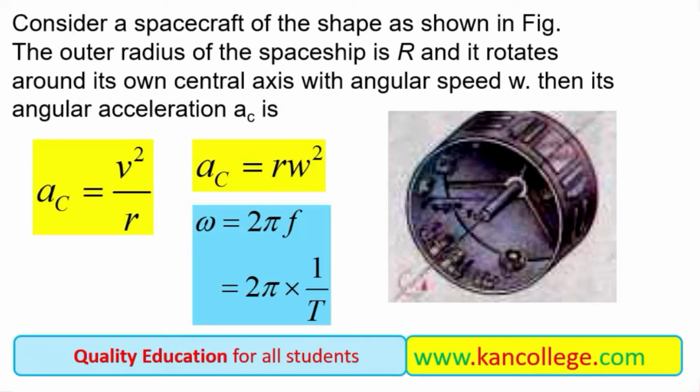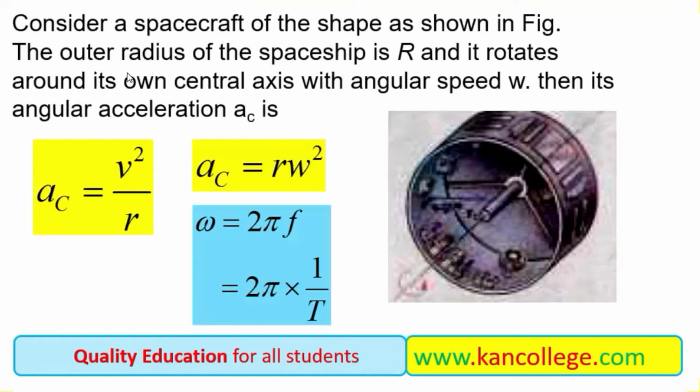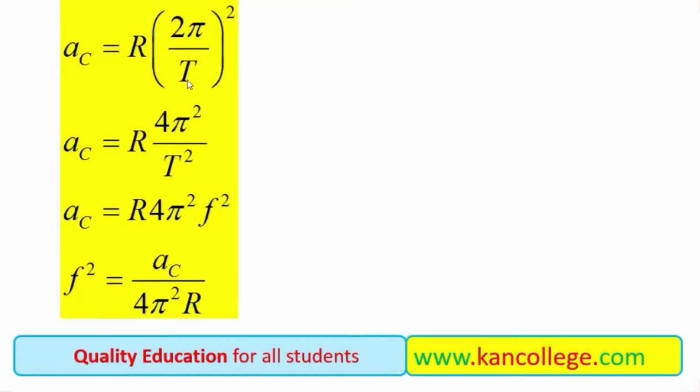So from this mathematical relation of centripetal acceleration, as we see over here, AC is equal to r omega square, and putting the value of omega, 2 pi over T, in this above equation, we get r into 2 pi over T whole square.